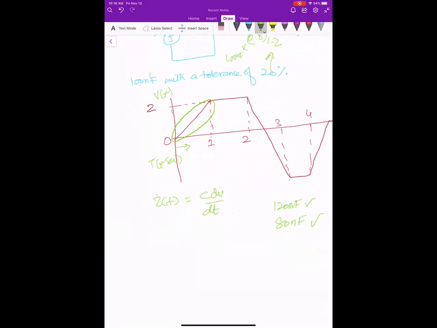How can I do that? What should be the formula for finding that waveform? How can I find my voltage in terms of an equation? Yes, go ahead.